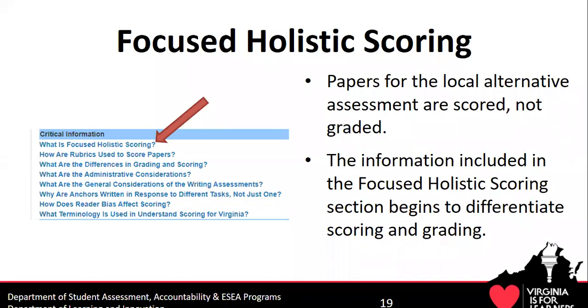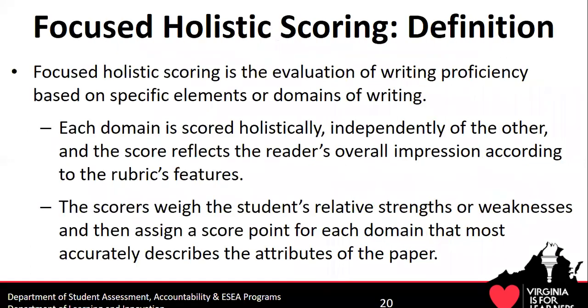And then this information, like I mentioned before, is also on the Understand Scoring website. So if you ever need to go back and look at that again. But focused holistic scoring is using a set of domains or pre-identified elements and scoring based on the reader's overall impression according to those features of the domain.